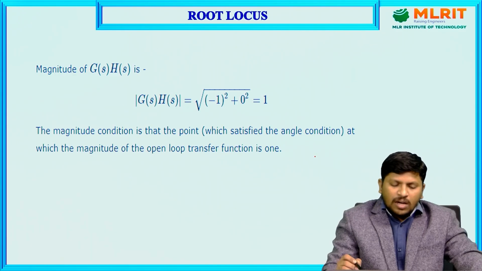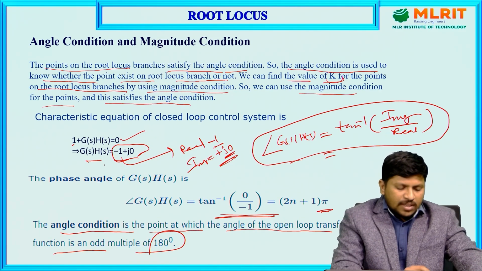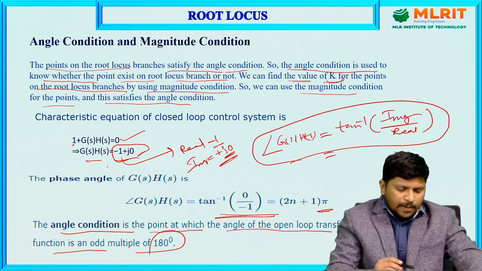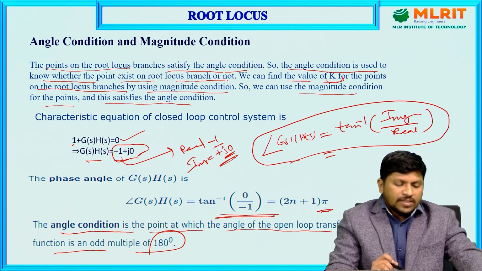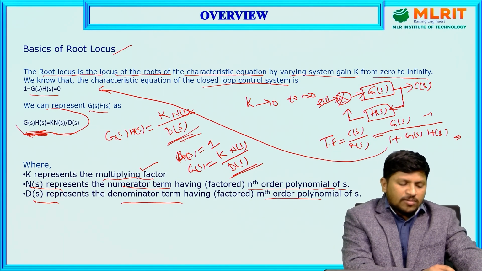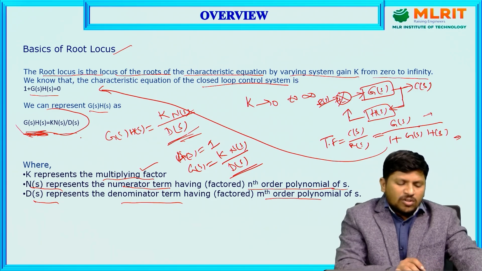And coming to the magnitude, here the transfer function g of s, h of s, right? So this is the loop or open loop transfer function. So the open loop transfer function is g of s and h of s. Here also the open loop transfer function, g of s, numerator by denominator, k is constant.